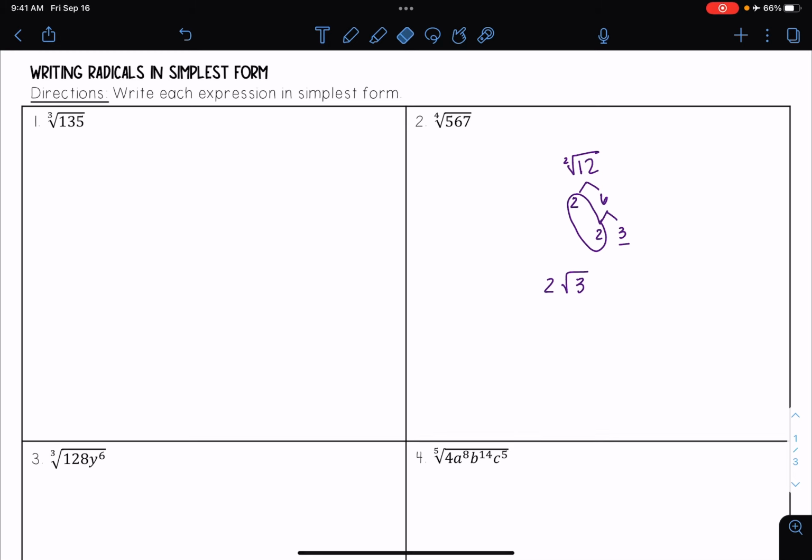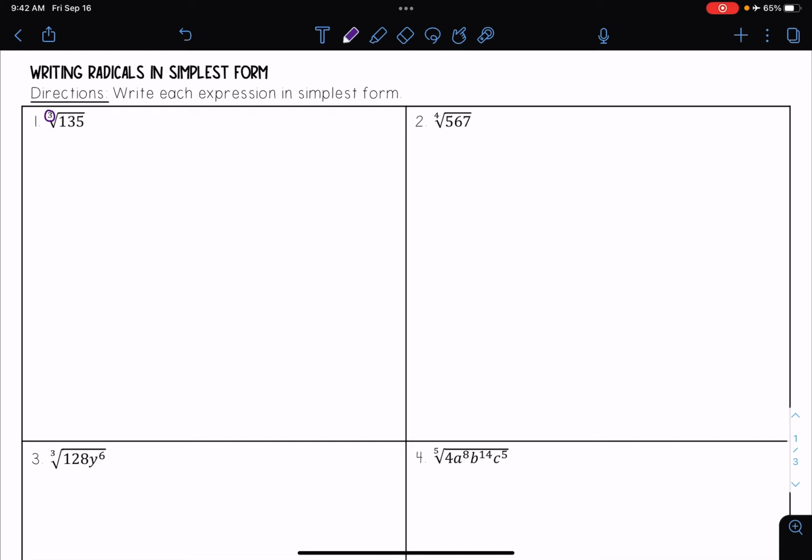We're going to follow that same idea for these ones, but now instead of taking out pairs, we take out whatever our index is. So for this first one, I have the cubed root of 135. Since my index is 3, I'm looking at taking out triples of the same number.